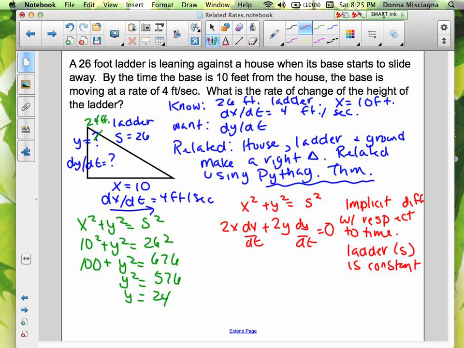Now we want to solve for dy/dt. So we're isolating dy/dt. We have 2y dy/dt equals negative 2x dx/dt.